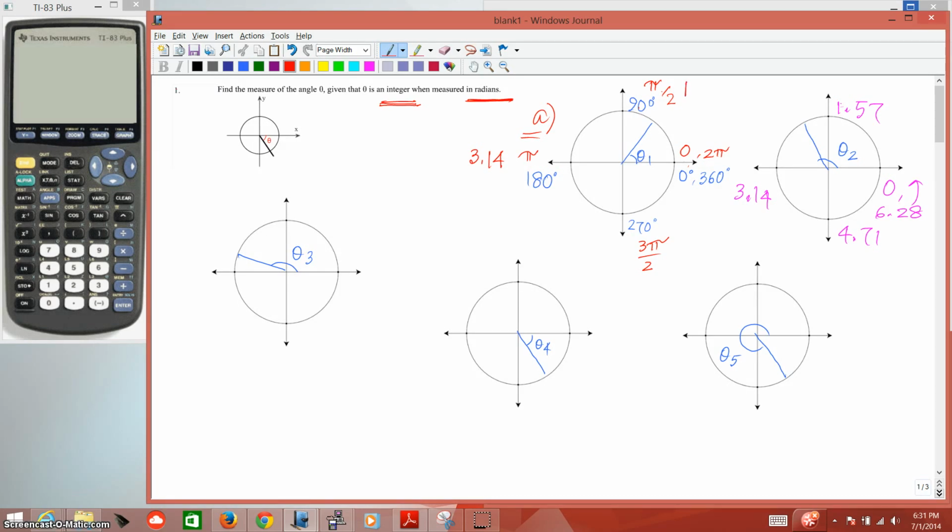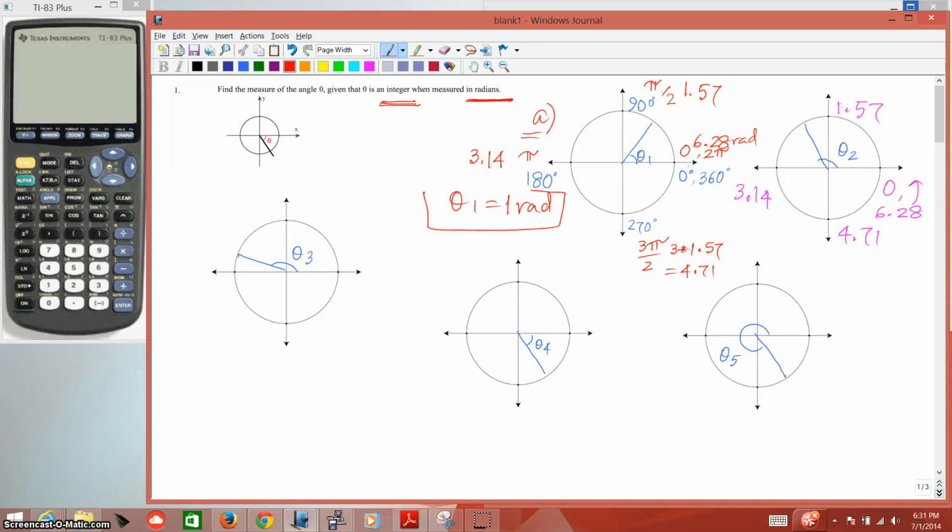Halfway through will be 1.57 radians, and 3 times 1.57 will be equal to 4.71 radians, and once you complete, this one will turn out to be 6.28 radians. So if I look at my theta 1, which is between 0 and 1.57, the only possible answer can be theta 1 equals 1 radian.